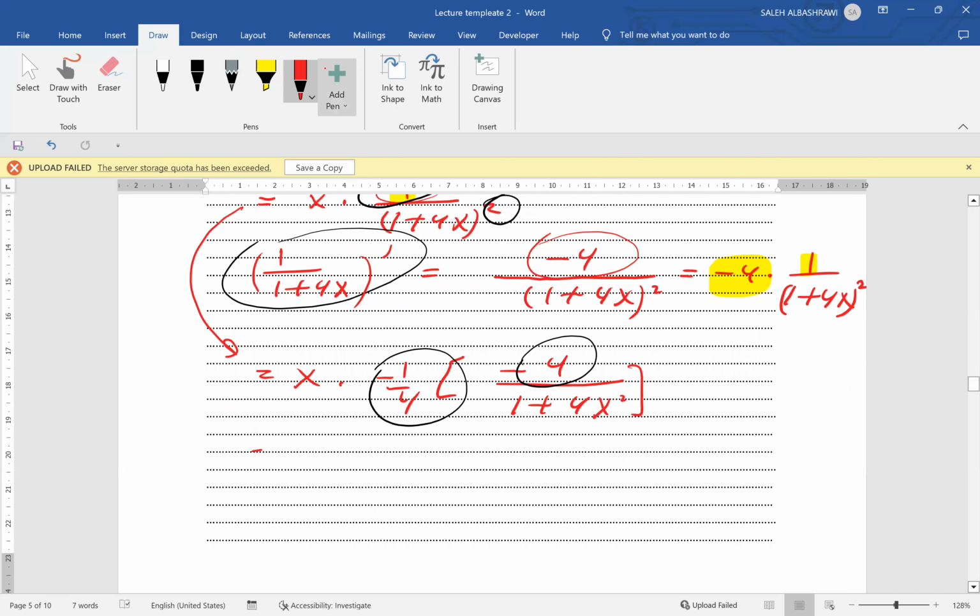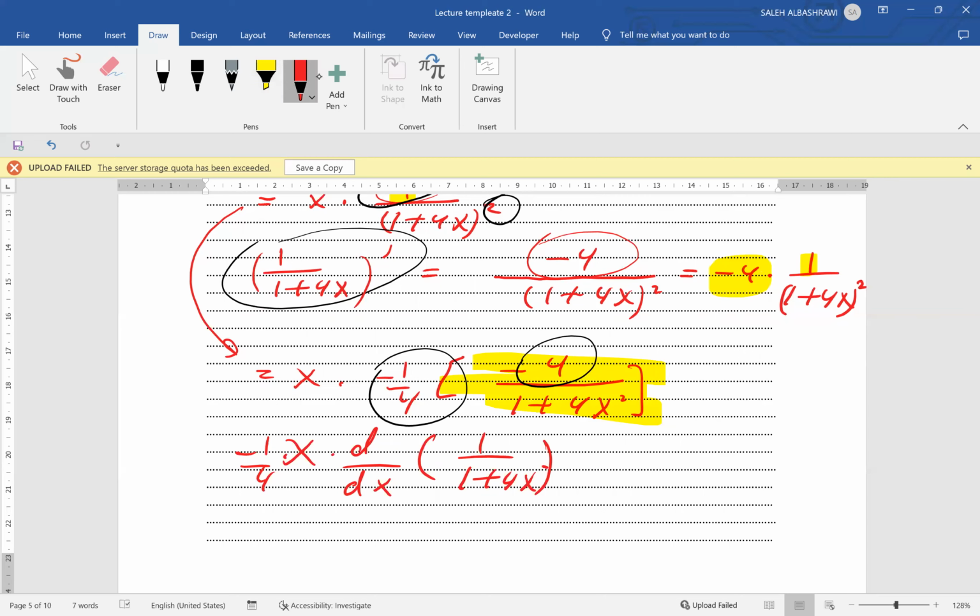Then I will have x, or we write it as minus 1 over 4 multiplied by x times the derivative of 1 over 1 plus 4x. Again, this one is the derivative of 1 over 1 plus 4x.